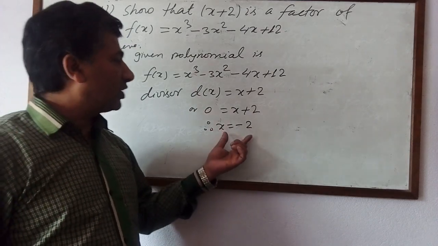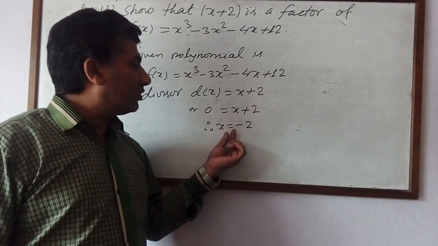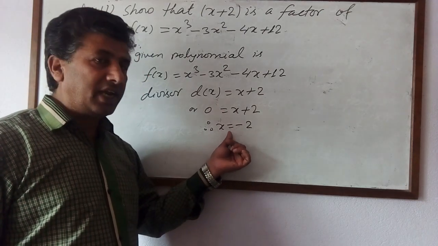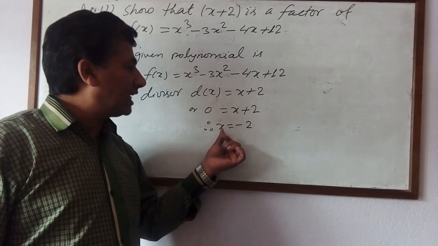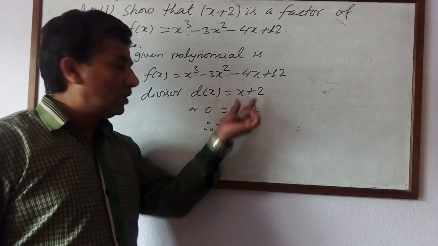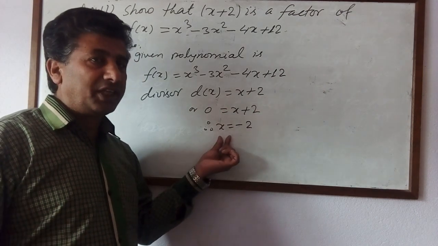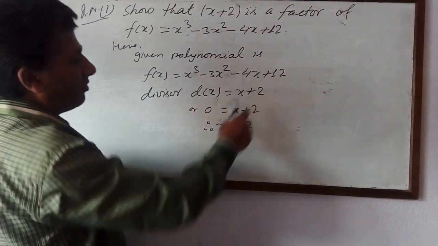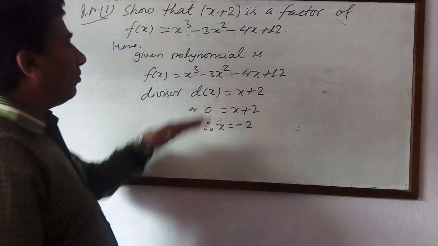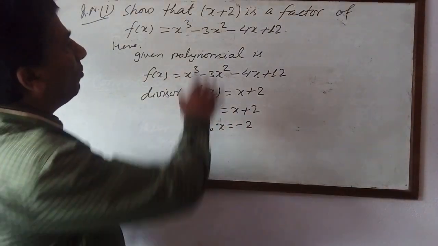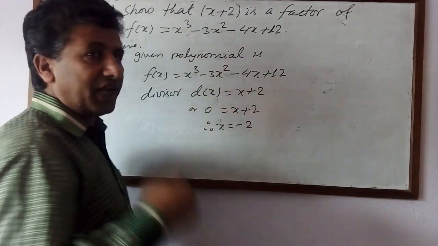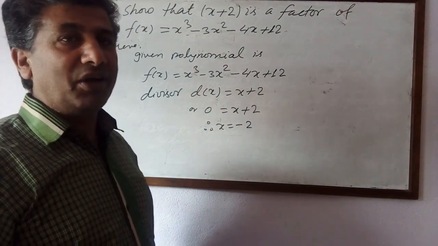If x equals minus 2, when this minus 2 is brought to this side, it will be x plus 2, and that x plus 2 is the divisor. From the divisor we found the value of x. Now we do not divide directly. We take the help of remainder theorem.